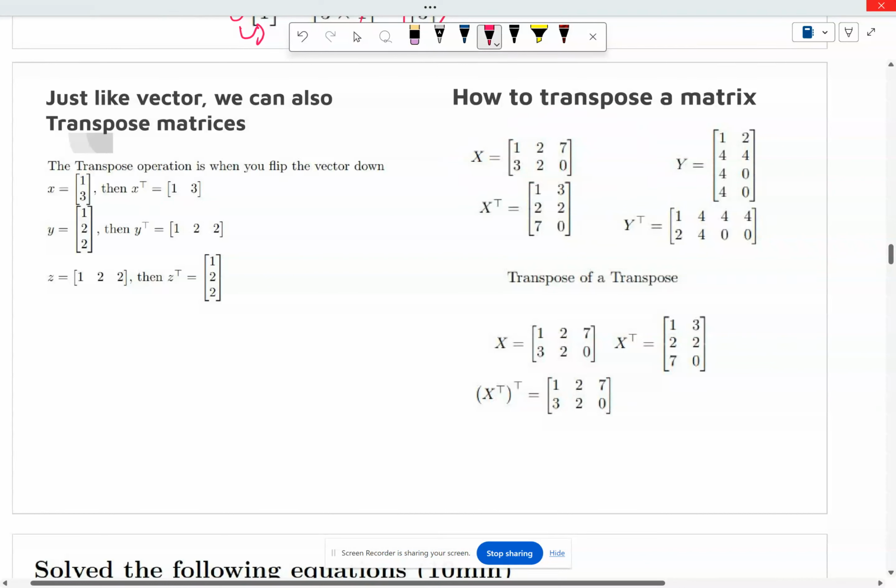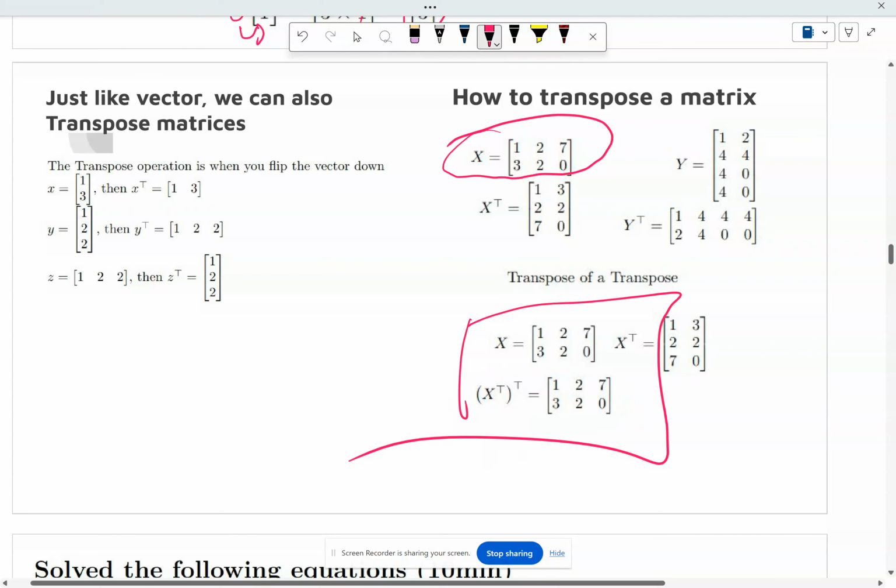You simply convert all the columns into rows. So you take this column, convert it into a row. This column, convert it into a row. This column, convert it into a row. And that's it. It's that easy. Now, if you put a transpose here, you will convert back. So you convert all the rows to columns and columns to rows. Notice how if you do a transpose and a transpose again, it's identical to the original.